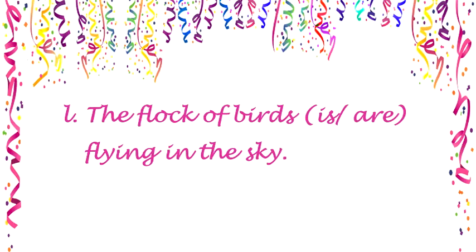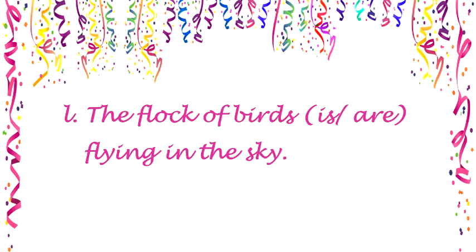Next we have, flock of birds is or are flying in the sky. Now dear children, here you should see that the word flock is a collective noun. And a collective noun always has a singular verb.